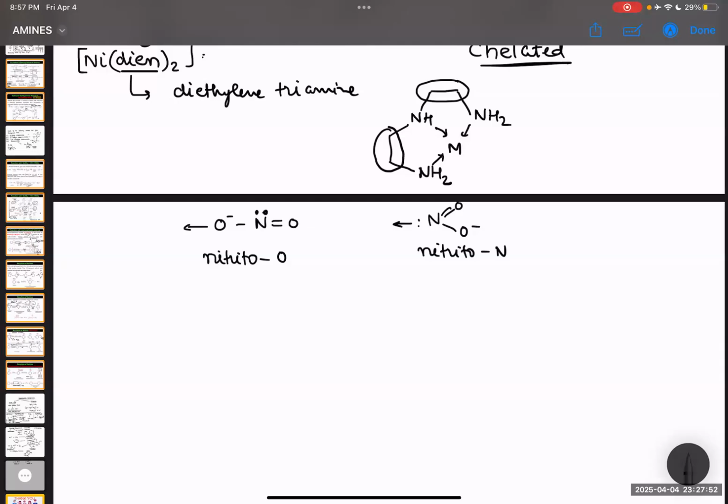Clear? Yes, sir. Nitrito O, nitrito N. This is which ligand? Can you name it? The ligand is the same. Actually, I am connecting it in 2 different ways.